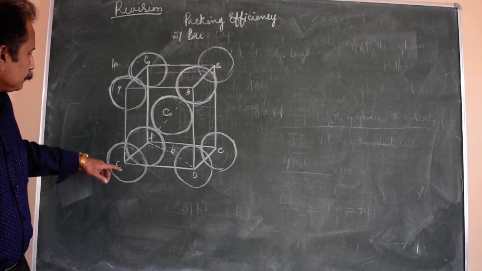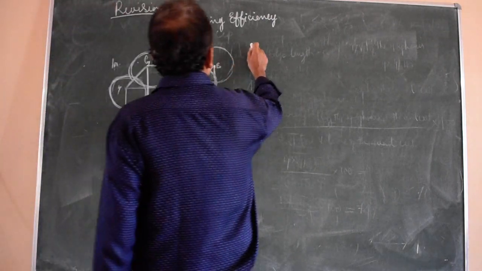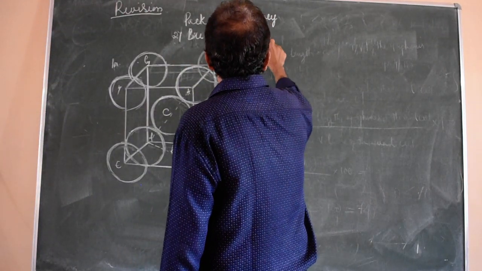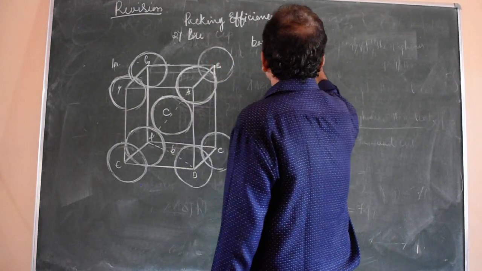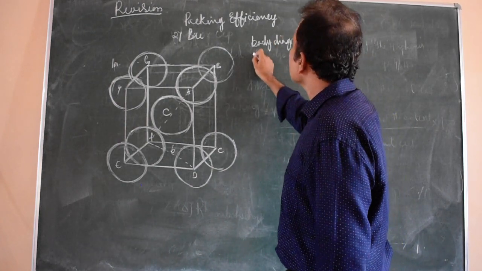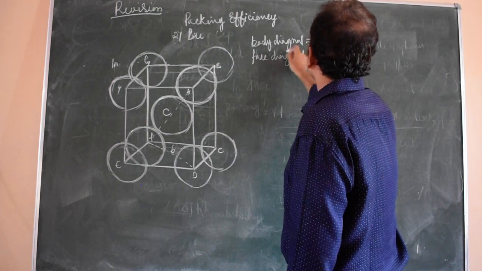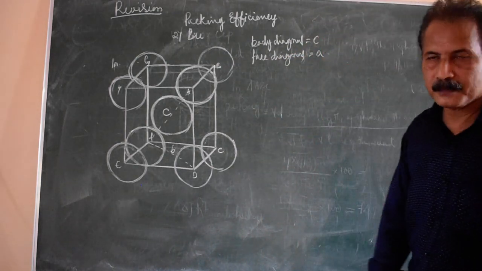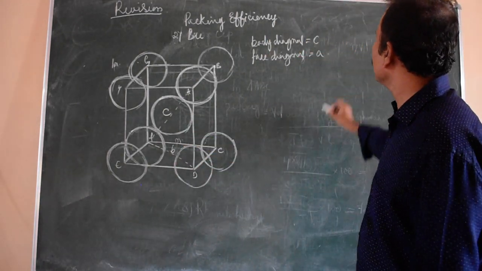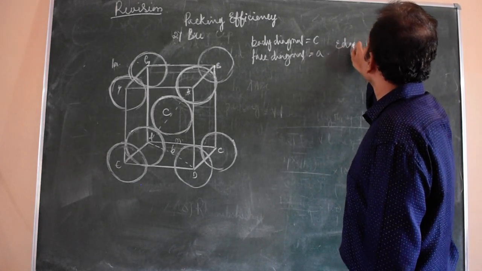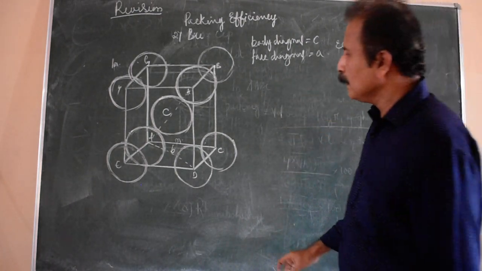Okay, now you know the body diagonal is C, whereas the face diagonal is B, right? And again the edge lengths are A. So edge length we have taken as A. So first take this triangle.